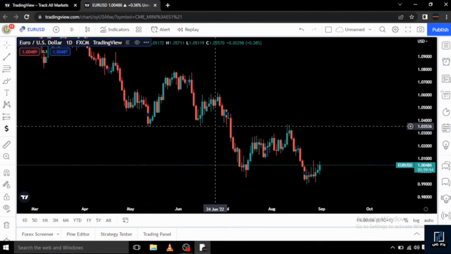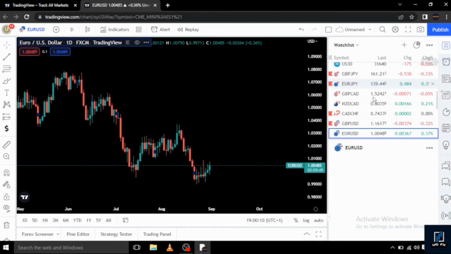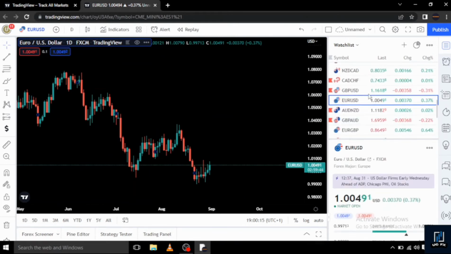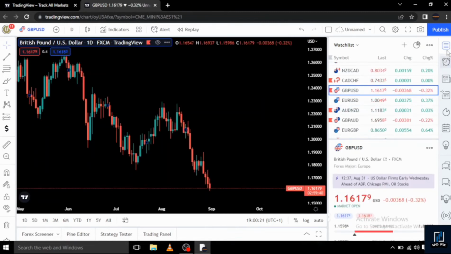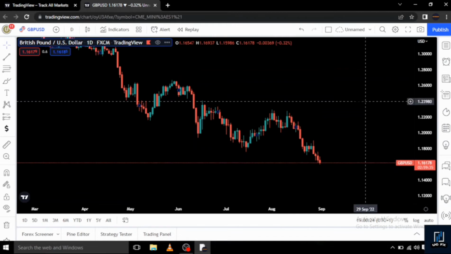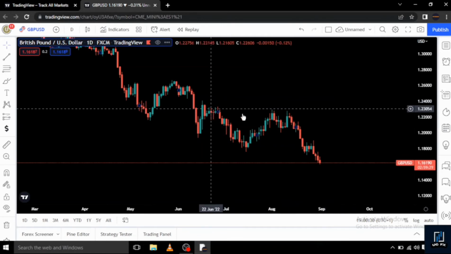And GBP USD would be bearish as well. So let's check GBP USD. So GBP USD is bearish as well. And pairs like the USD CHF and the USD CAD would be bullish. So they are actually doing the same thing as the DXY.